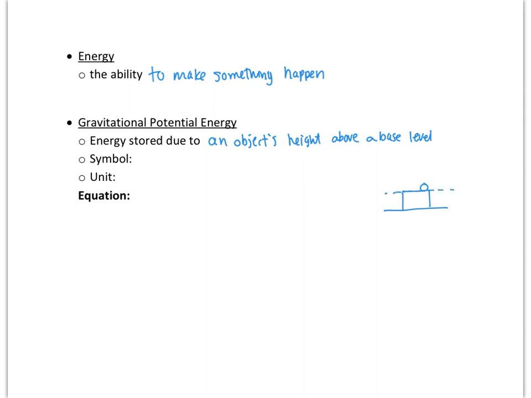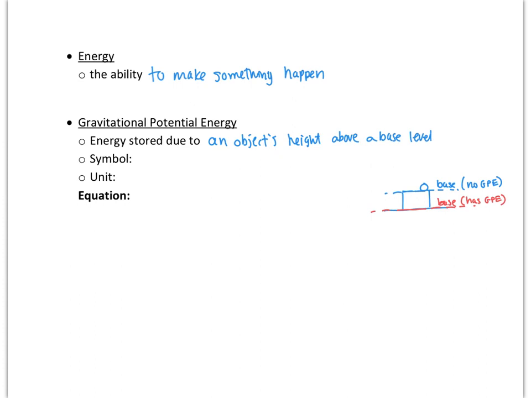If you set your base level as the table, then there is no gravitational potential energy, because it can't fall anywhere if you're looking at the table as the lowermost point. However, if you set the floor as your base level, then it has gravitational potential energy.